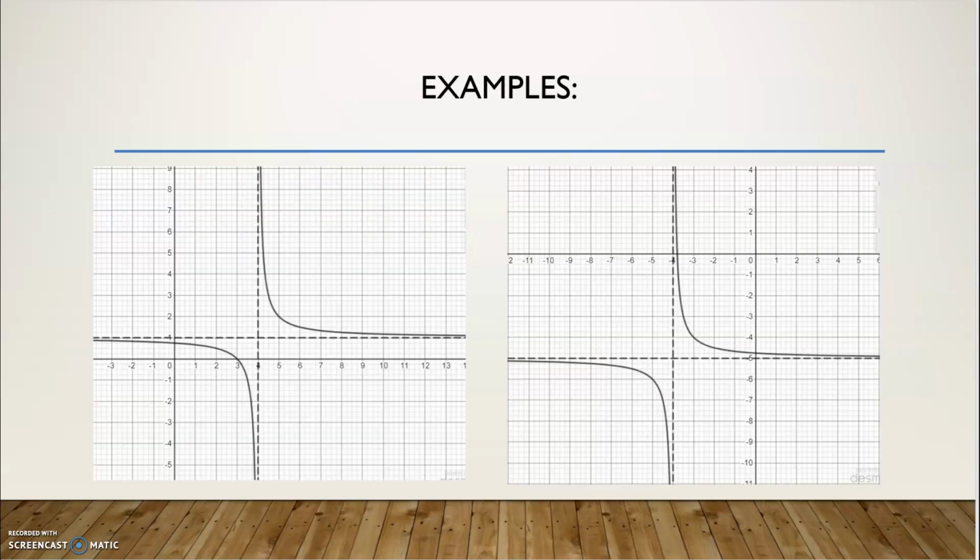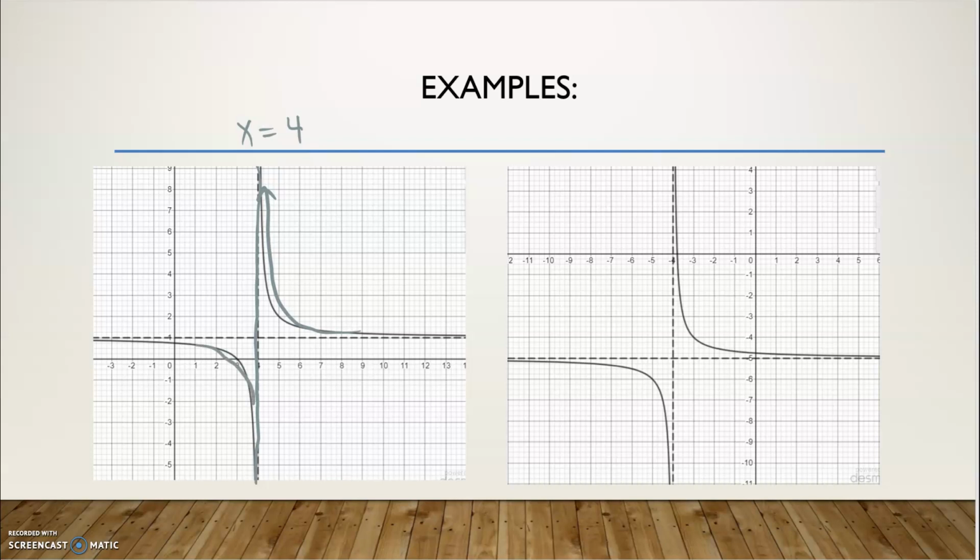Kind of like this right here. So we've got a vertical asymptote right here at x equal to, looks like 4. Okay, so the dotted line right there, that is my vertical asymptote. And notice that the graph over here is getting closer and closer to x equals 4.